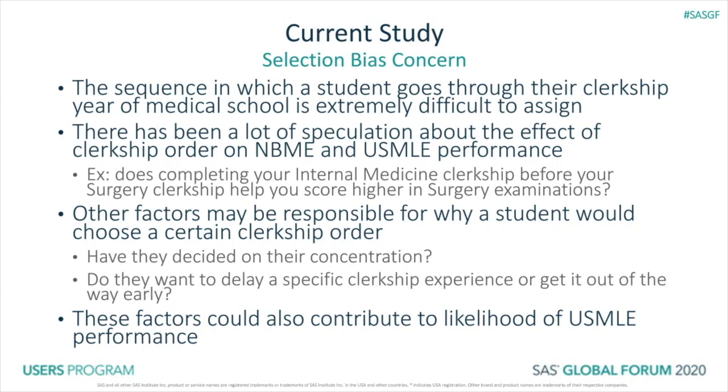There's also been a lot of speculation about the effect of clerkship order on NBME and USMLE performance. Mainly, does completing a certain specialty like internal medicine before a seemingly more complicated specialty such as surgery help you score higher on the surgery clerkship examinations or the USMLE examination?